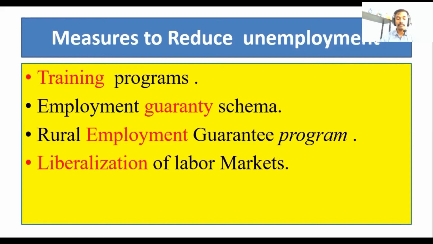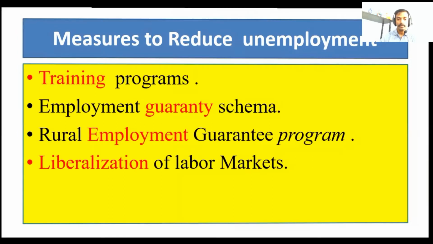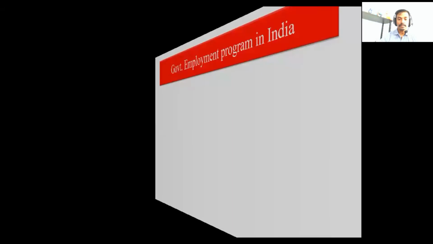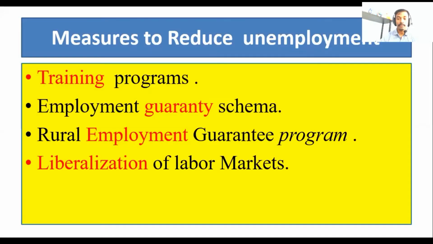In India mainly rural employment is essential. Next, liberalization of the labor market, which means a person having skills can search anywhere in India as well as anywhere in the world. That is called liberalization. We can search for a job everywhere.